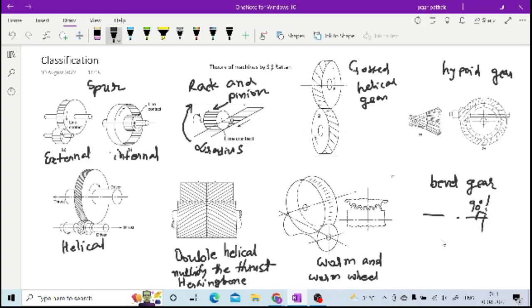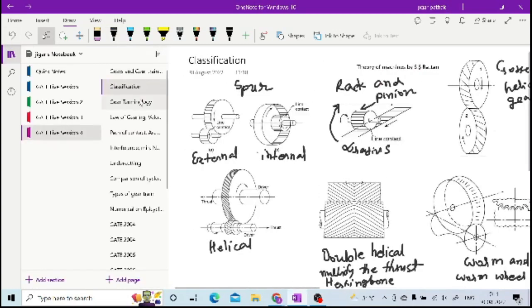In that particular case you are having this mitre gear. It is a special type of gear which is used in differential gearbox. So this is how you are having different types of gears.